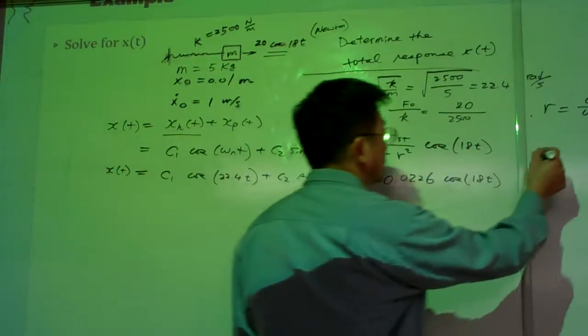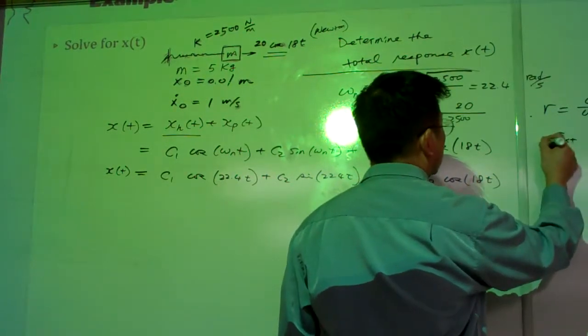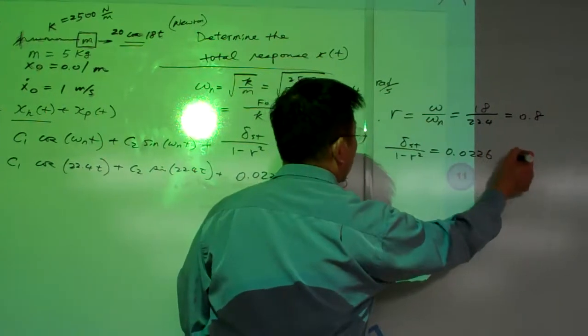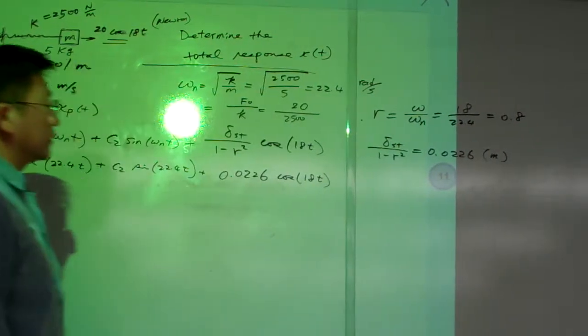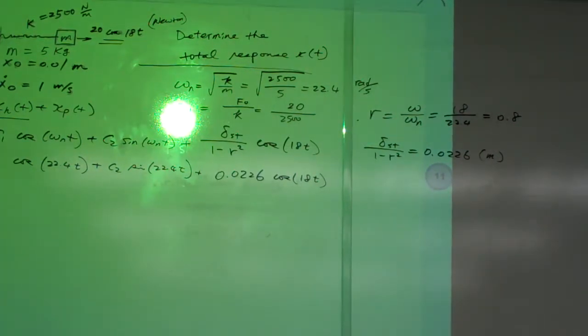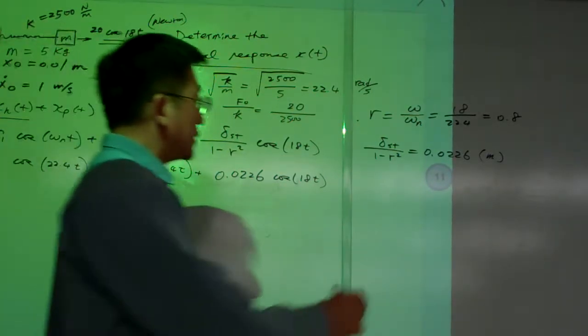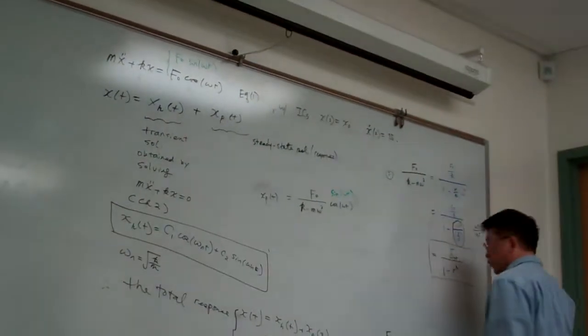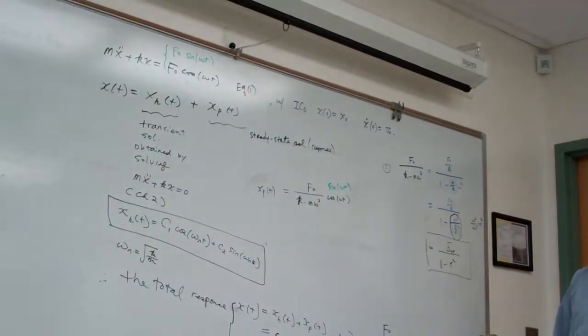Okay, so here that is my calculation. Delta st over 1 minus r squared equal to 0.0226, and that is in meters. Okay. And why is this in the unit of meters?